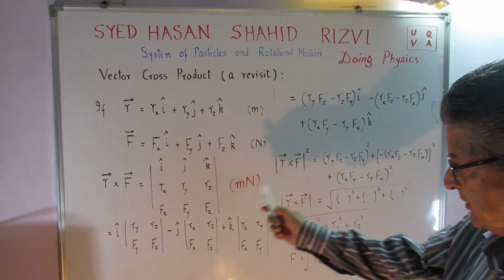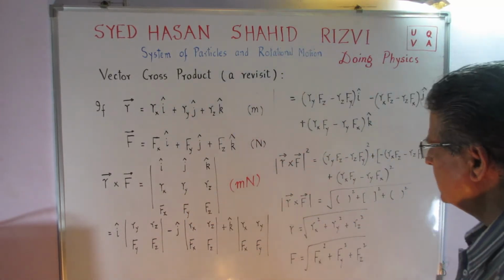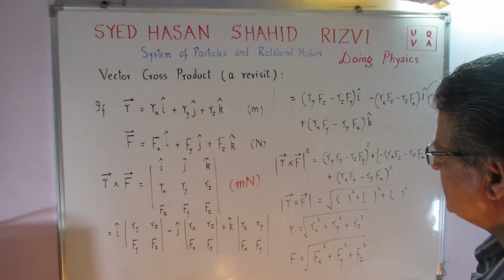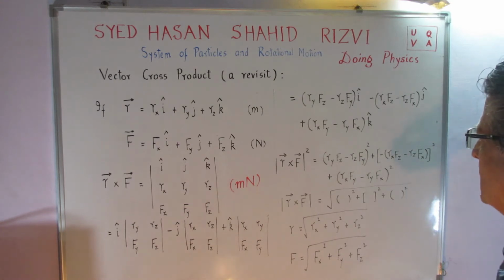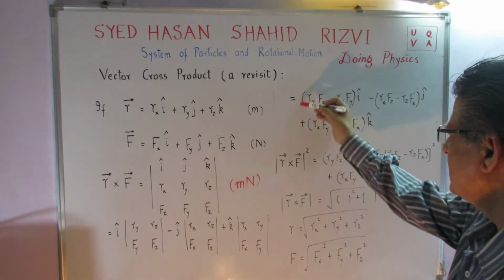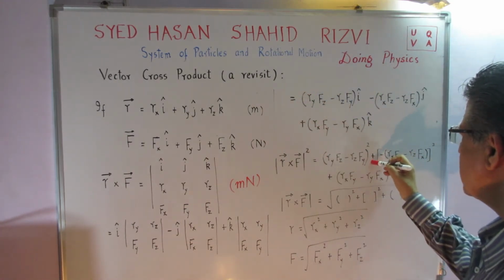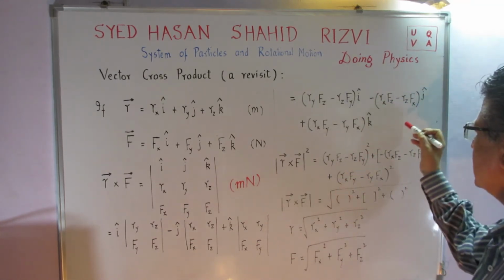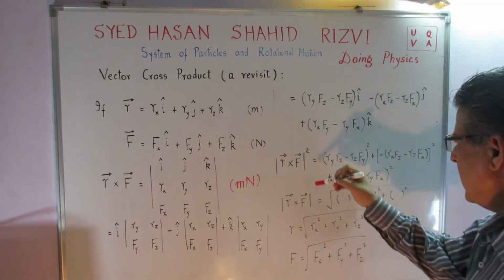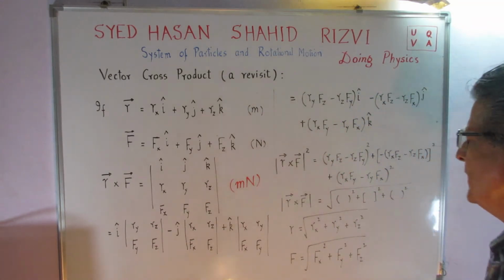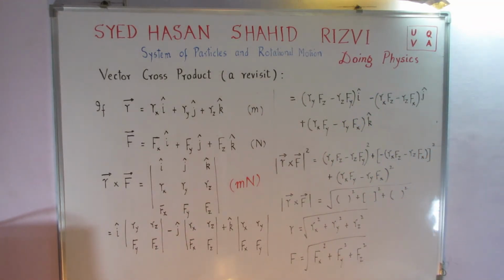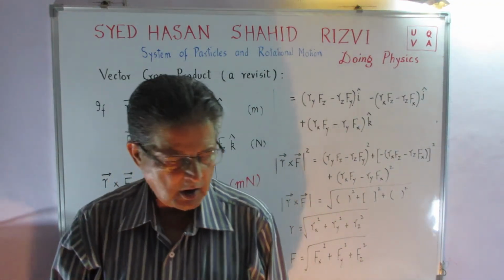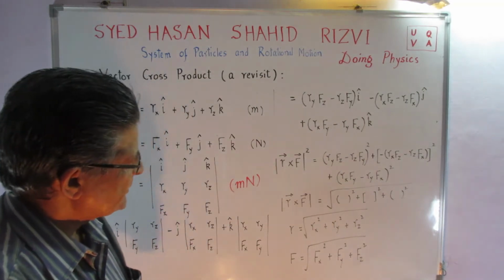Because this is the value of R cross F, let us find the magnitude of R cross F, which will turn out to be equal to this number whole square plus this whole square plus this whole square, and this is the square of R cross F, the magnitude of the resultant vector.